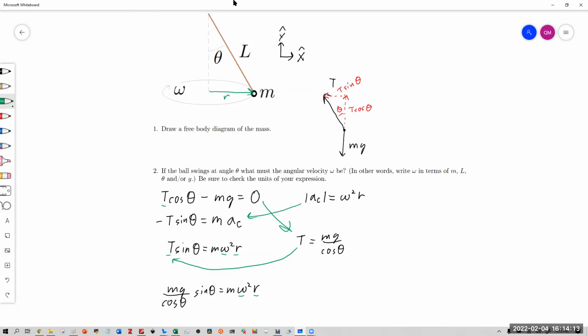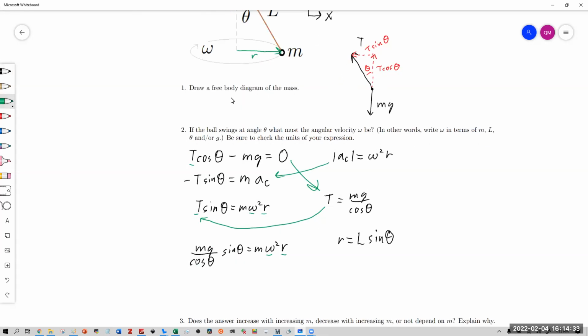It is not the length of the string. We can just find r from geometry. There's an angle there, and we can see that r is equal to L sine theta, just from geometry.